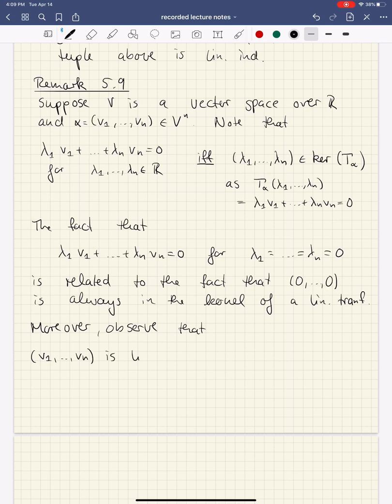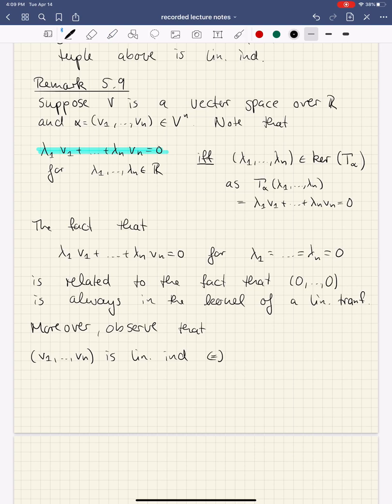is linearly independent if and only if, so what happens? Well, linear independence will tell you that the only way you can add lambda 1 through lambda n up to be equal to 0 is for lambda 1 through lambda n being equal to 0.